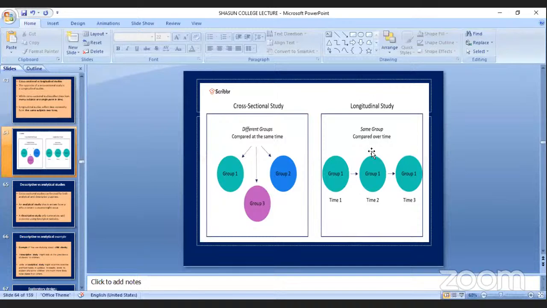Now longitudinal is when you do the same thing, analyzing the preference of lunch during the lunch period, what kind of food they want to have, only with commerce students. So it is one group, all commerce students. You take them and compare over a period of time.